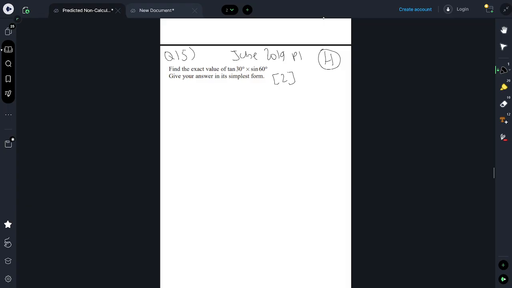So you want to find the exact value of each of them. So tan 30. First of all, you should know 0, 30, 45, 60, and 90 degrees. Some people use the triangle method, and I'll go over the triangle method actually.